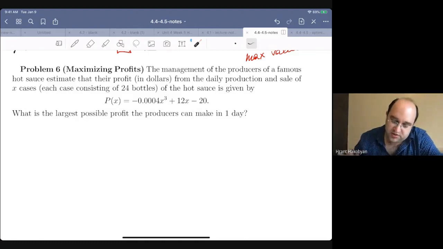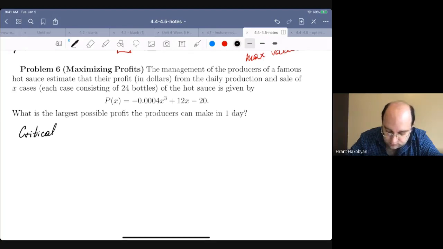So what's the strategy? As always, we're going to take the derivative, set it equal to 0, and find the critical points first. So the critical points satisfy that you take the derivative and then set it equal to 0.